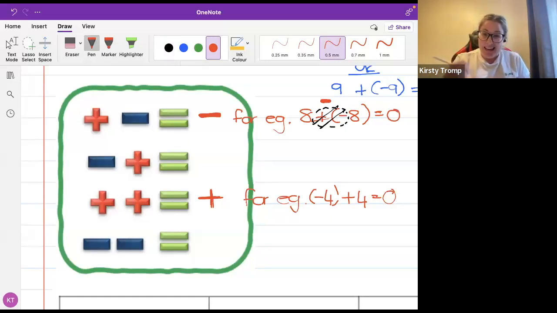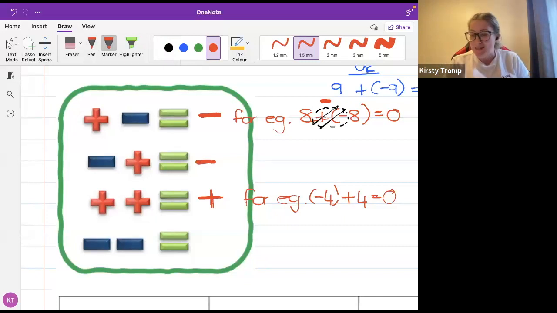If I see a negative sign and a positive sign next to each other, what do I get? I'm still going to get a negative. The negative sign is very, very powerful, guys.